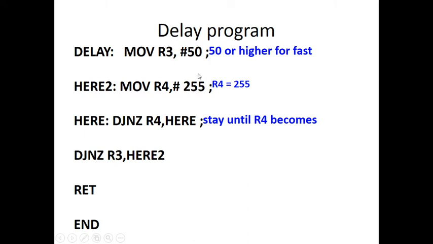You can write the delay program in two ways, either the software way or the hardware way, means with the help of a timer. I'm using the software way here, means just a loop. I keep the count in a counter and every time decrement it continuously till it becomes 0, and in this fashion I introduce the delay in the program.